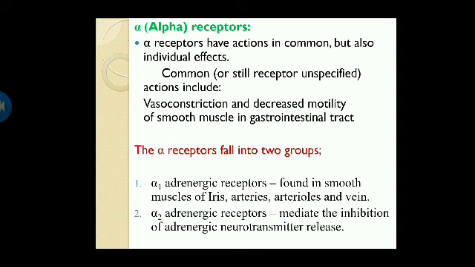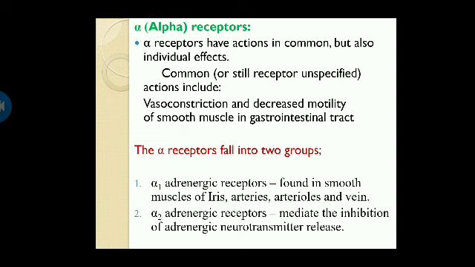Alpha 1 adrenergic receptors are found in smooth muscles of the iris, arteries, arterioles, and veins. Arteries are blood vessels that take blood away from the heart to all parts of the body. Arterioles are small branches of arteries leading into capillaries. Veins complete the blood circulation.